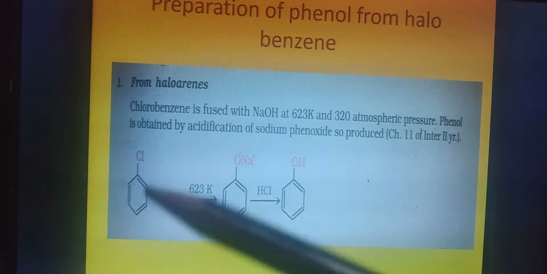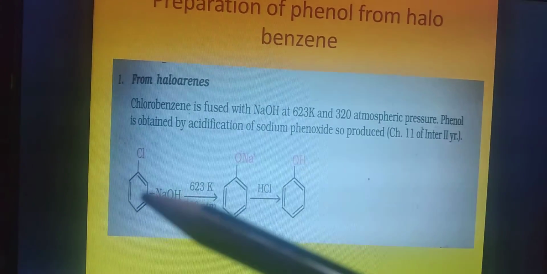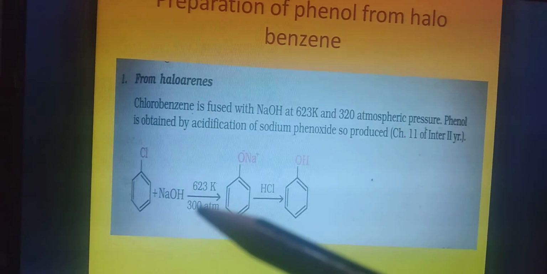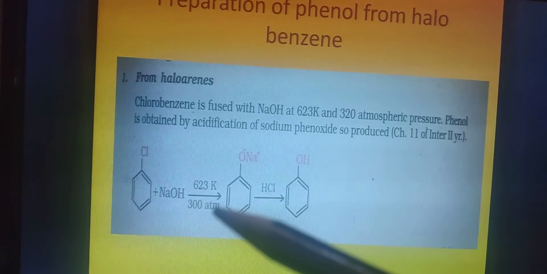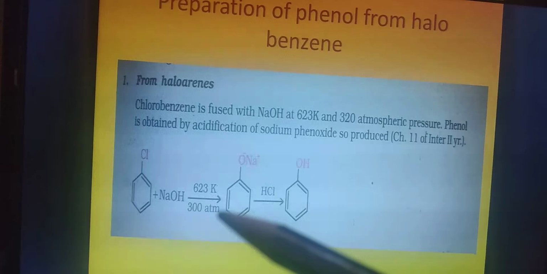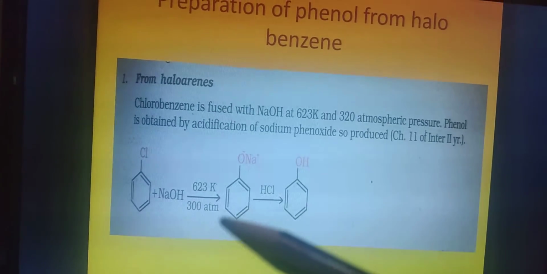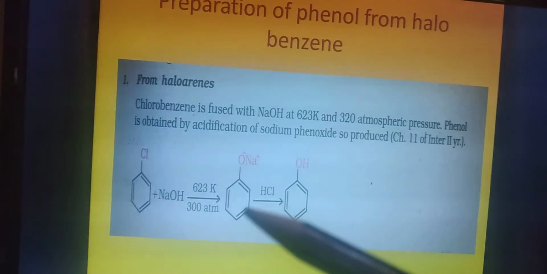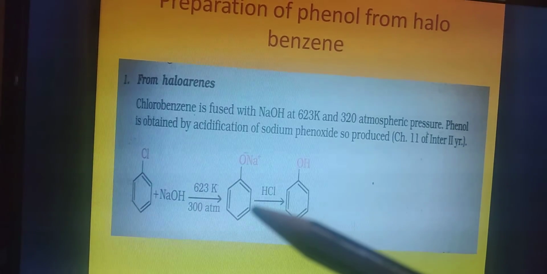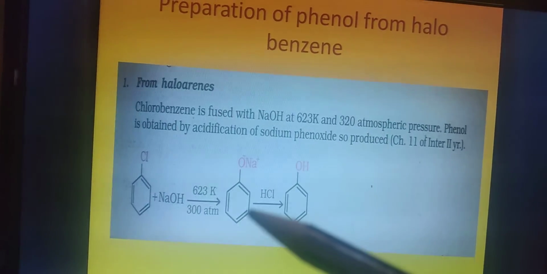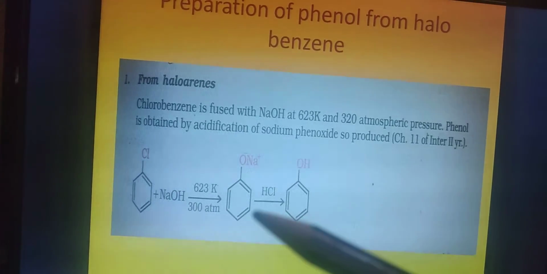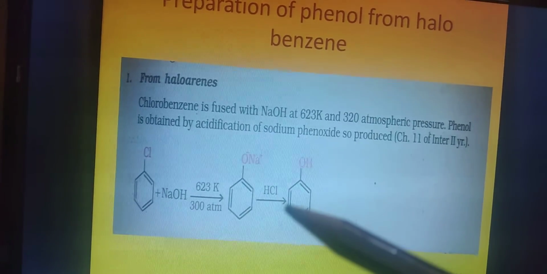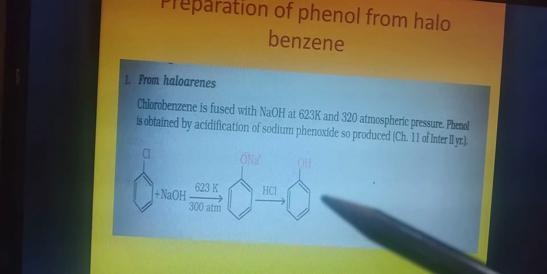This halobenzene reacts with sodium hydroxide at 623 Kelvin temperature and 300 atmospheric pressure and forms sodium phenoxide. This sodium phenoxide reacts with HCl to form phenol.